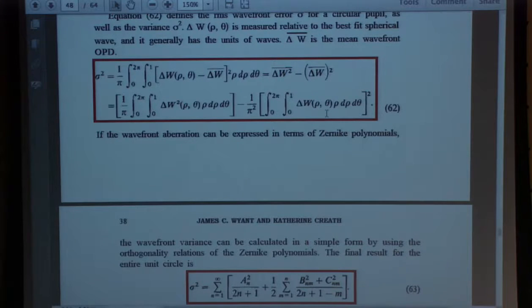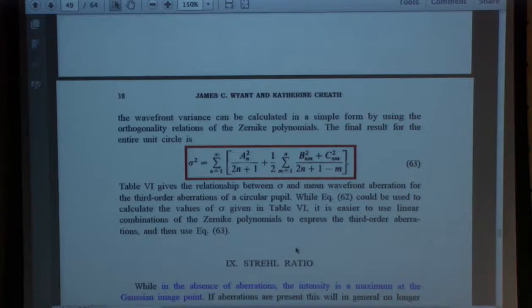And so often you'll just go through and do this integral. And it's certainly very simple to do once we have the data, very simple to do that on the computer. If you're expressing this wavefront aberration in Zernike polynomials, it turns out, and I'm not going to attempt to prove this today, but if we go back to the A's and B's and the N's and M's used in calculating the different terms of the Zernikes, it turns out that sigma squared is given by this quantity right here.